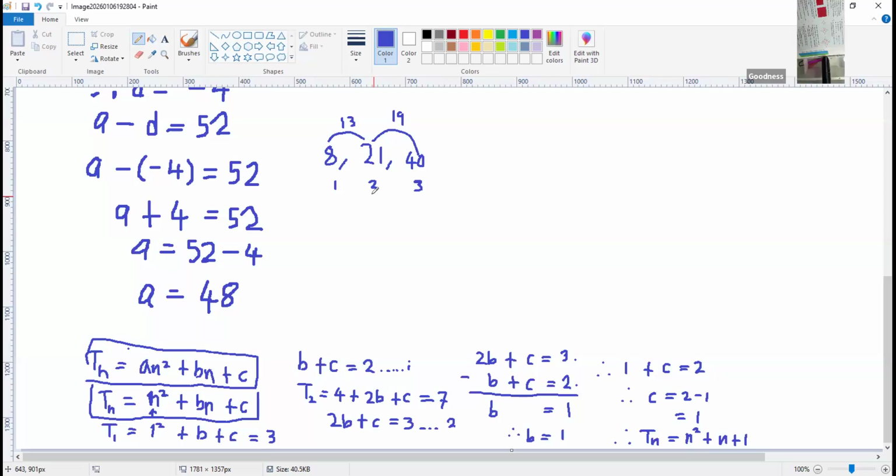Yeah, because it says find the 50th term, or the 50th star number. 8, 21, 40.